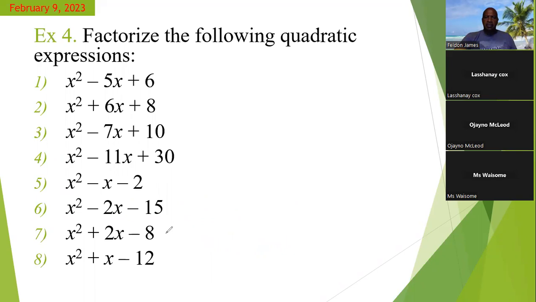Question 7 now. What are the factors that multiply to get negative 8 and when you add them, you get positive 2?